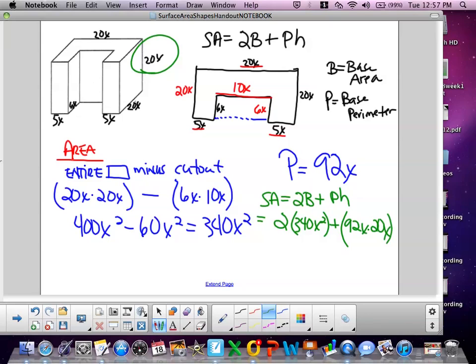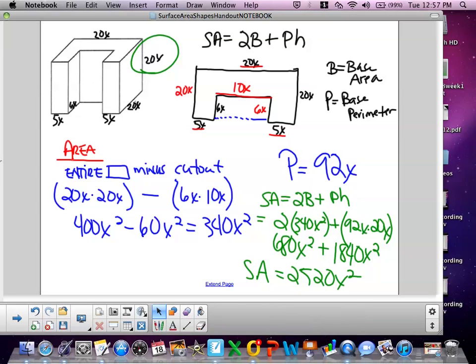And this is 20x in this particular problem. Do my calculations. And I find that the total surface area of this shape is 2,520x squared, and I didn't give a unit of measure, but that's how you do this.